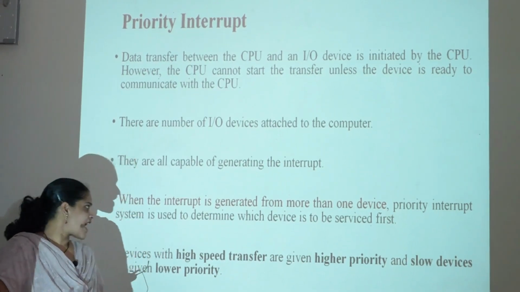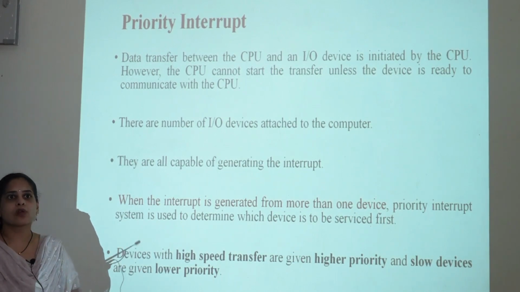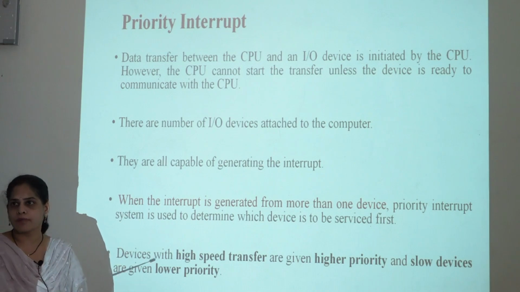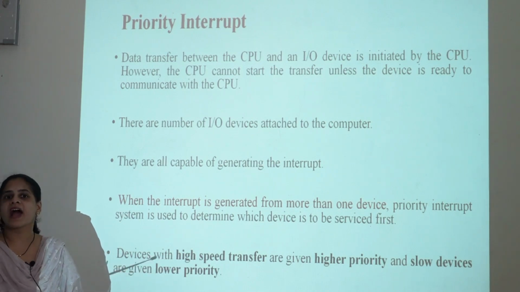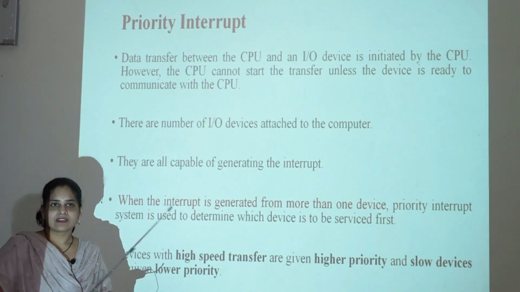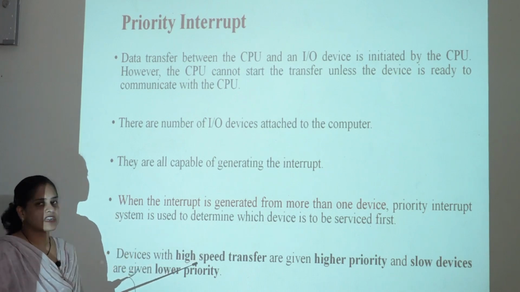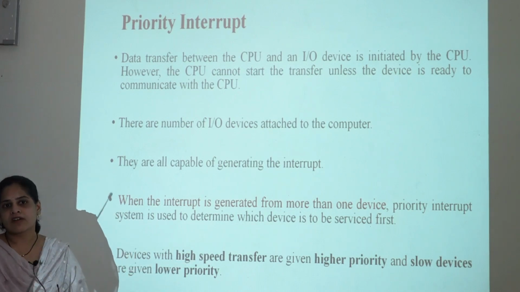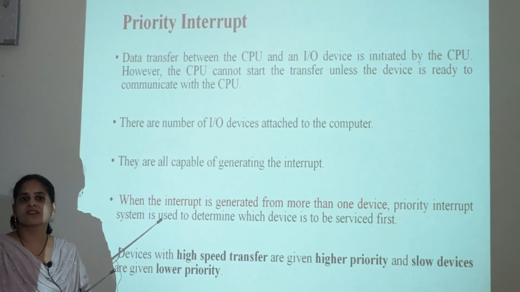Whichever has high speed transfer is given a high priority, whereas low speed devices are given low priority. For example, magnetic disks are given a high priority because the data transfer rate is very high. Depending upon the speed of transfer, the devices are given certain priorities. The high priority devices are serviced first by the CPU, whereas the low priority devices are serviced next.